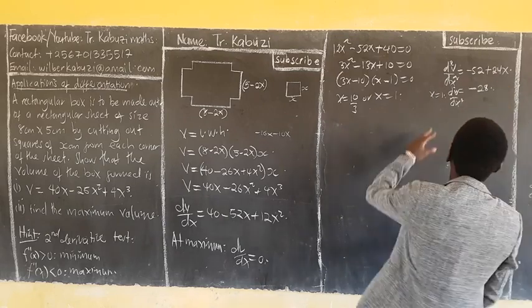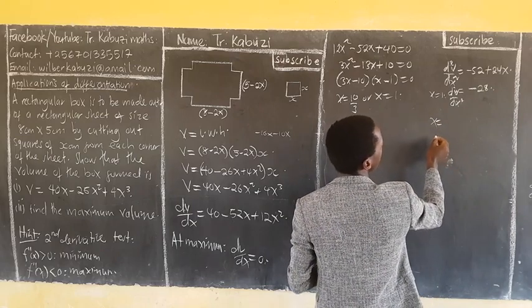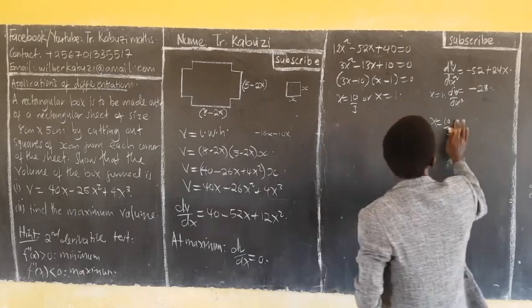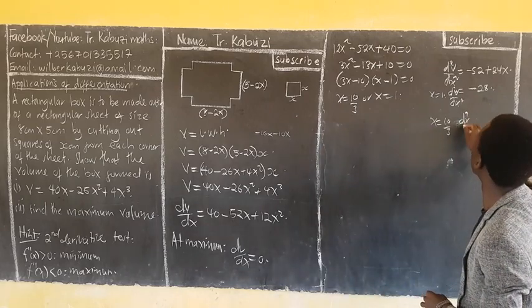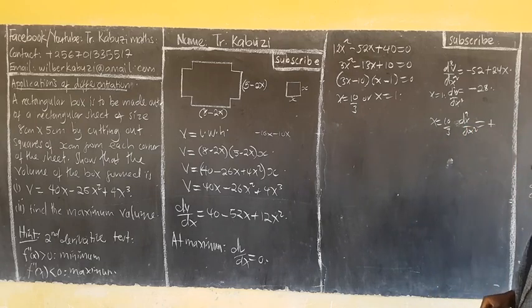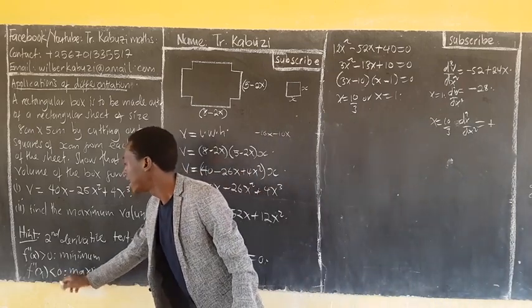So when I put in x equaling to 10 over 3, you see that now the overall value of the second derivative will be a positive. Because to have a maximum, your second derivative should be less than 0.